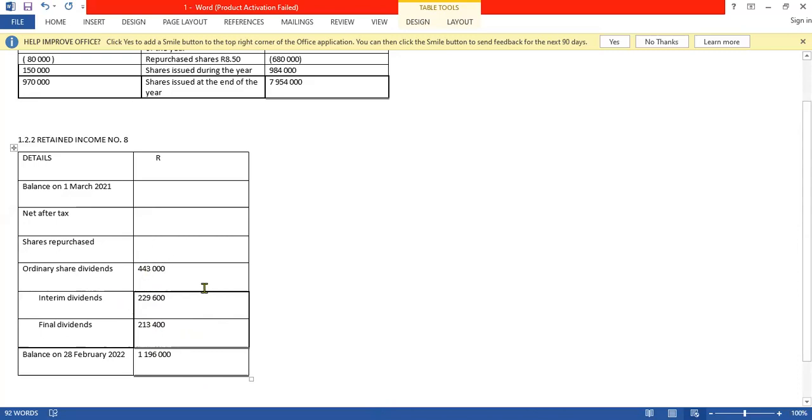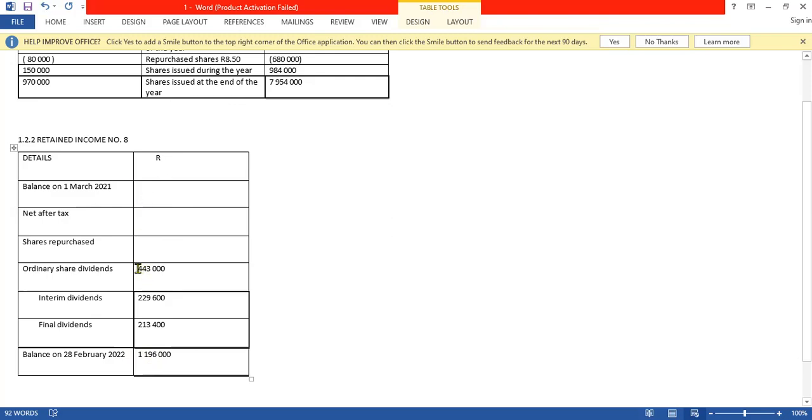Okay, so now we are moving forward. Like I said, when we don't have this one, we have to do some calculations. The calculations that we're going to do, we are going to start at the bottom, then go up until we find the last answer.